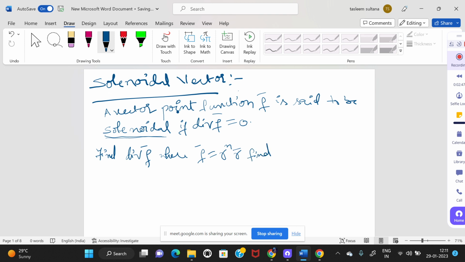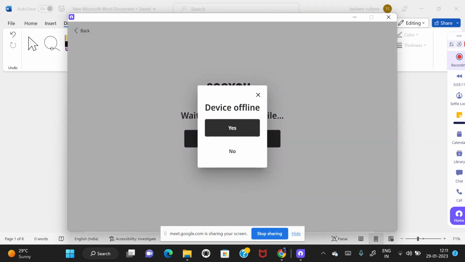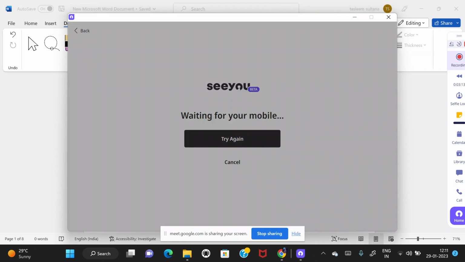Find n if it is solenoidal. What the question is saying, they're asking to find the divergence of f vector. Along with that, they're asking to find that n value. And how are you going to find that n value?